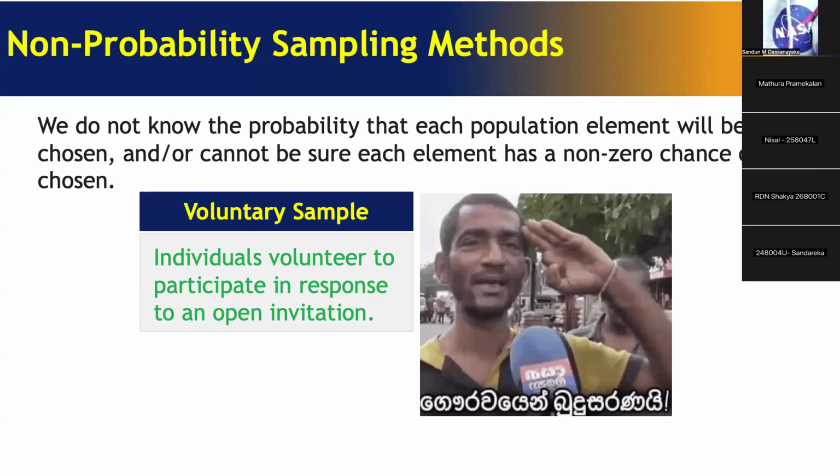Good and bad can both be there, because the participant voluntarily joins the sampling program with his or her consent. So it's an open invitation. These things can be like questionnaires. We share those with anybody, and they can come and give their sample.